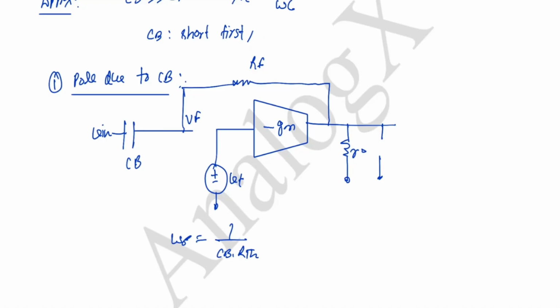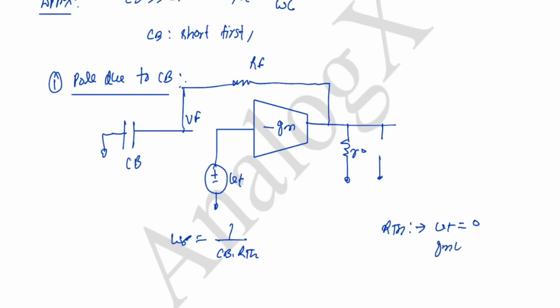Now this is the model of the loop gain. To calculate Rth, we put Vin to 0. This is already 0 in the loop gain model. In this model, the input is the test voltage, so Vt equals 0.